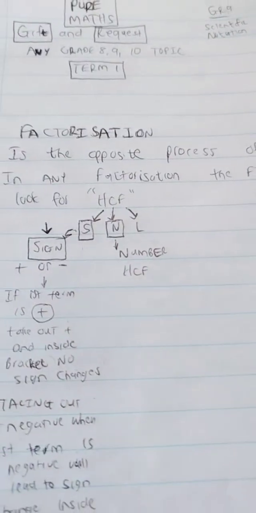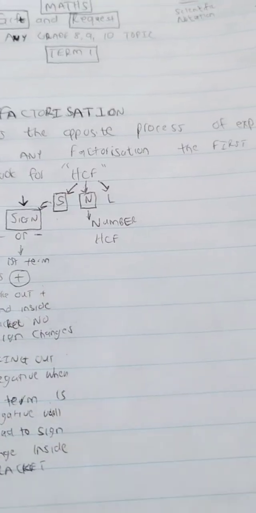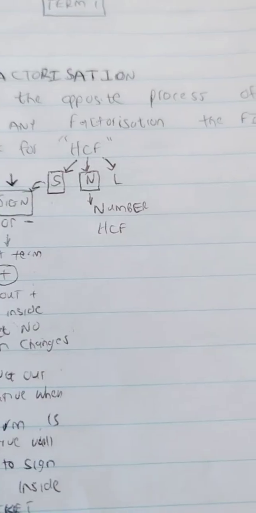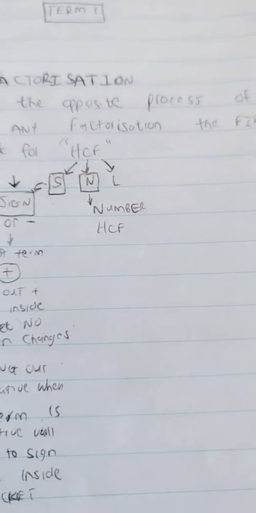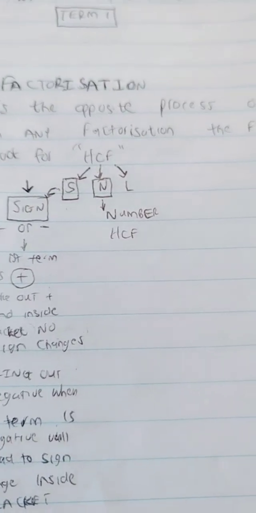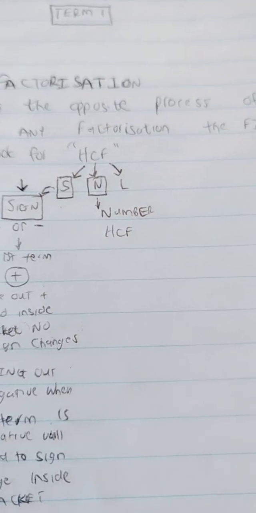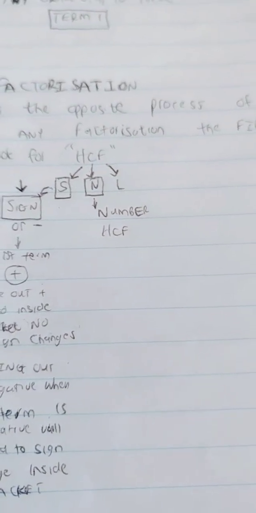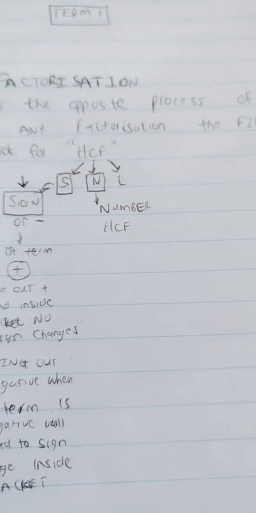Let's move on to the next thing. Then we talk about the highest common factor number. This is simply your highest common factor for the numbers that are in your terms. You should be able to find the highest common factor of numbers that have a highest common factor.